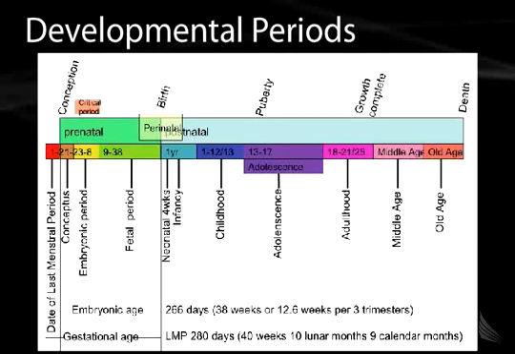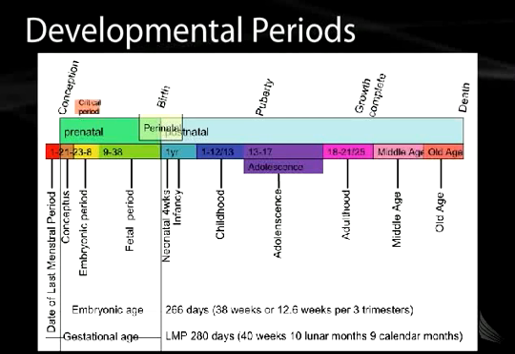For clinical purposes, oftentimes because there's no indication of when fertilization actually occurs, they go from the last menstrual period, which is 1 to 2 weeks prior to, typically 14 days prior to fertilization.